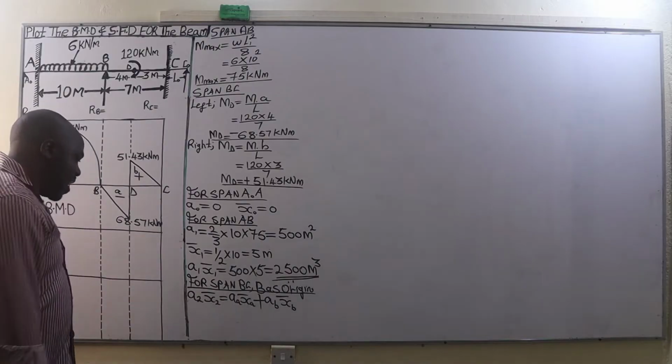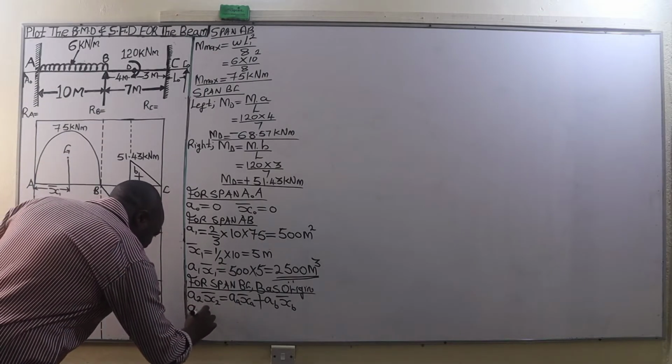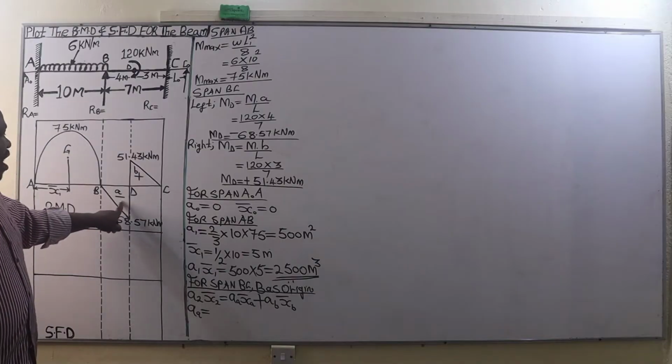Let's start with AA. That is the area of this triangle.